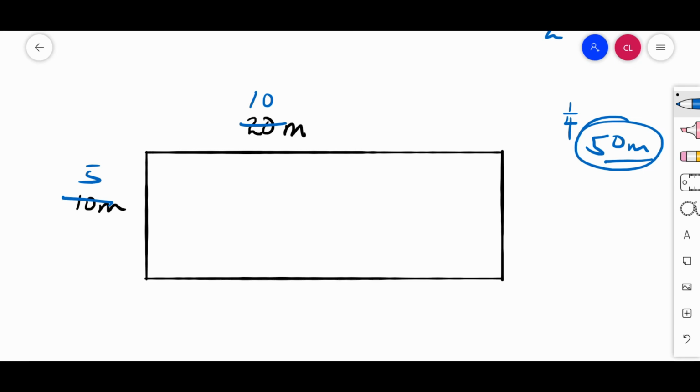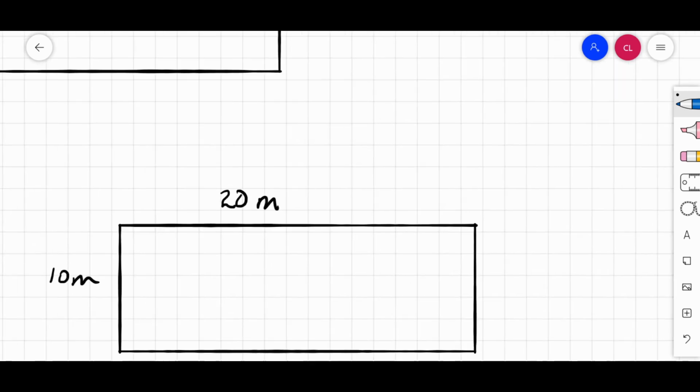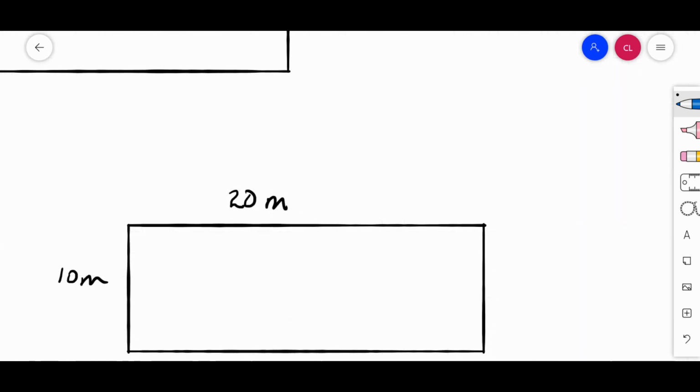Let's go back now. So what we would need to do, we could divide the play area in half like this. Okay, so that's one way of dividing the play area. So the boys would get this side and the girls would get this side, or vice versa. Or we could divide it like this.